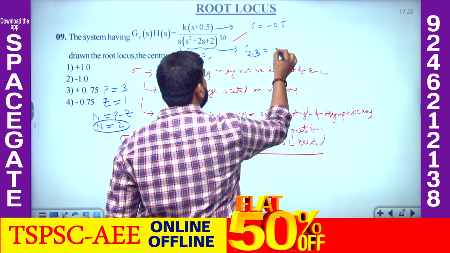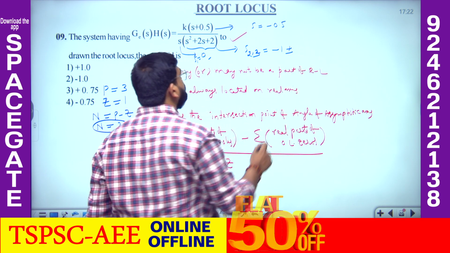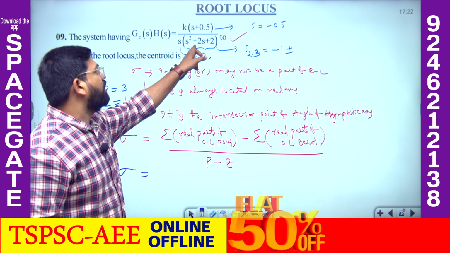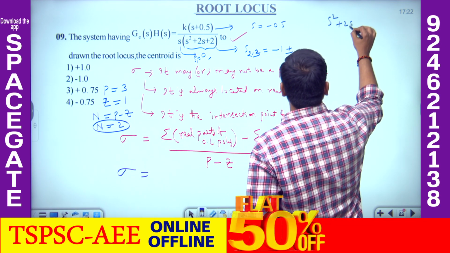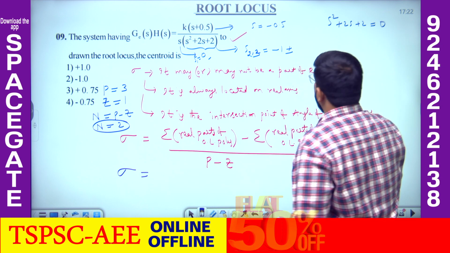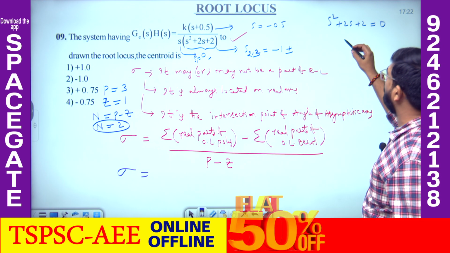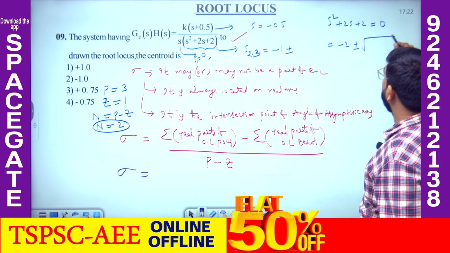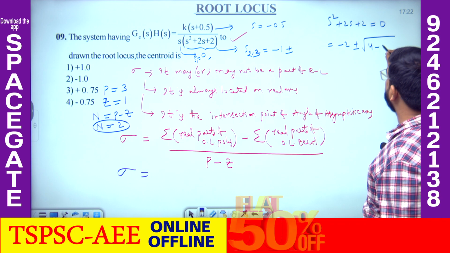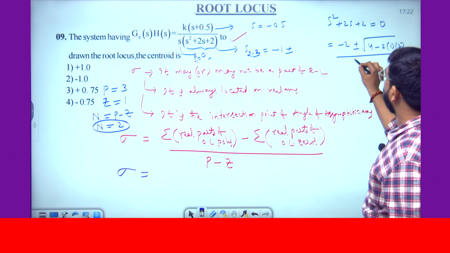So if you simplify here, what we get? Minus b plus or minus square root of b square minus 4ac. How to find the roots for this? I am talking about s square plus 2s plus 2 is equal to 0. So what are the locations of these poles? Minus b plus or minus square root of b square minus 4ac, by 2a.